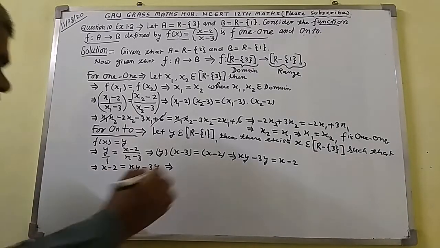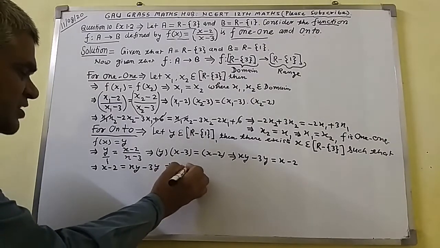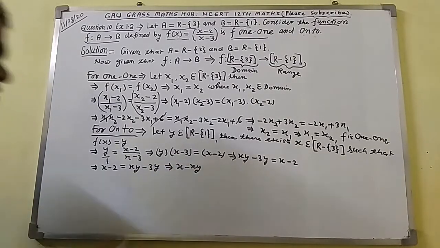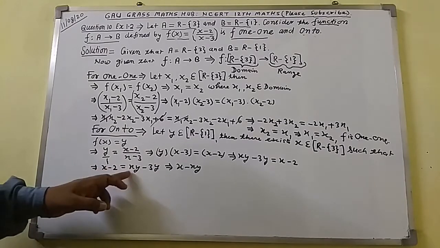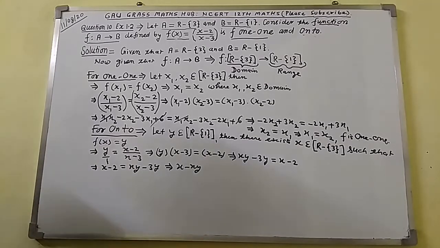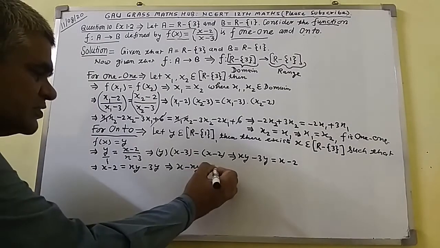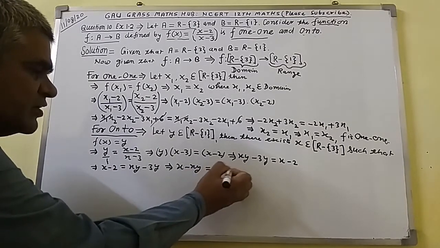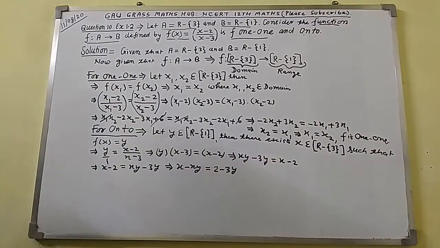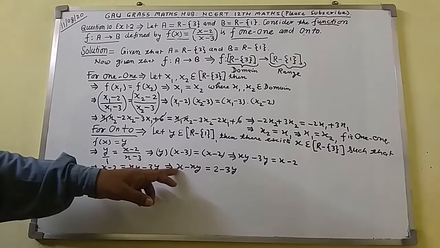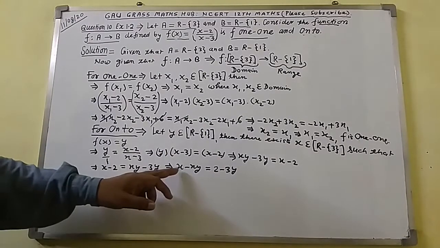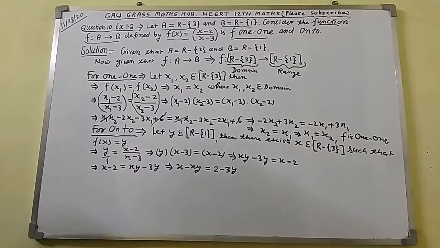So we will get here x minus xy equal to 2 minus 3y. Now here you can see x minus xy. You can take x as a common.